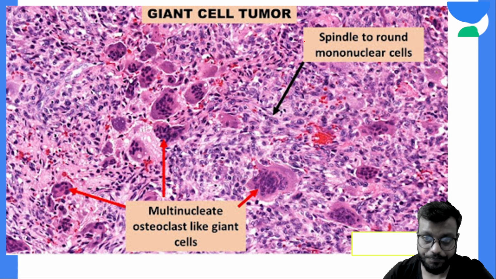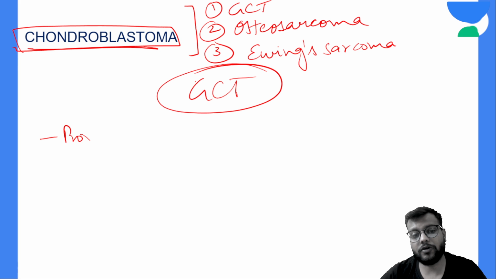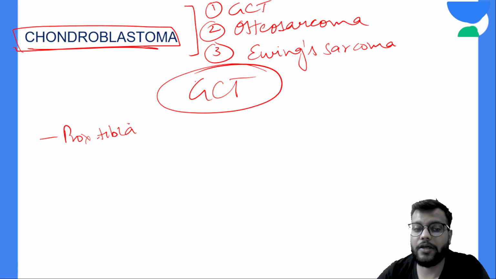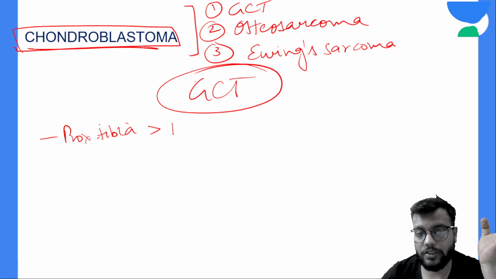So giant cell tumor, it is mostly seen in proximal tibia. Age we have already discussed. There will be giant cells in the histopathological slide.